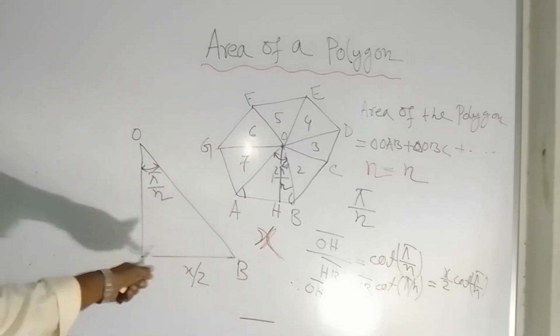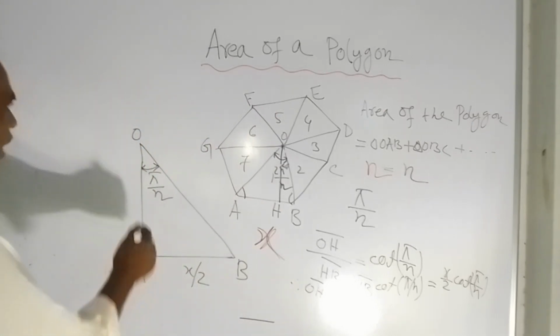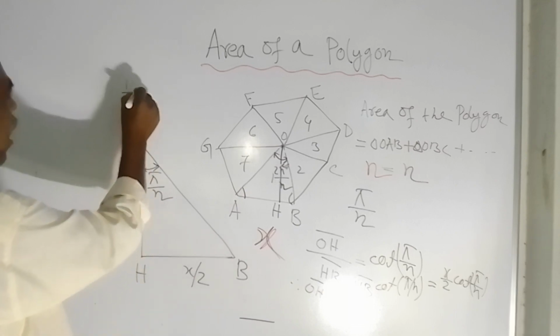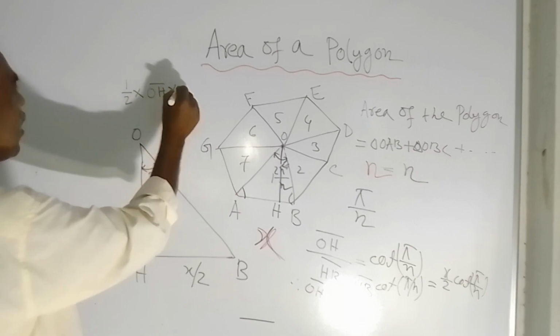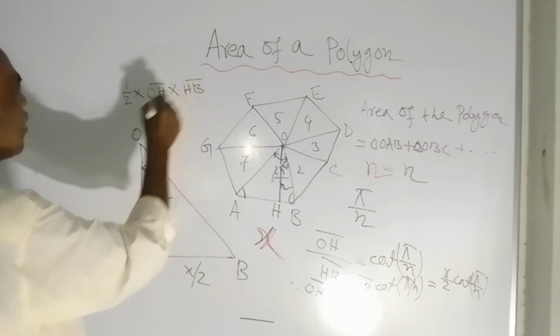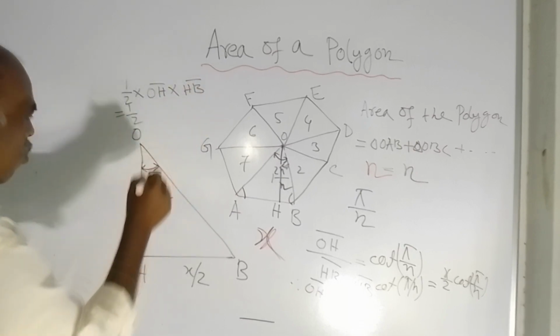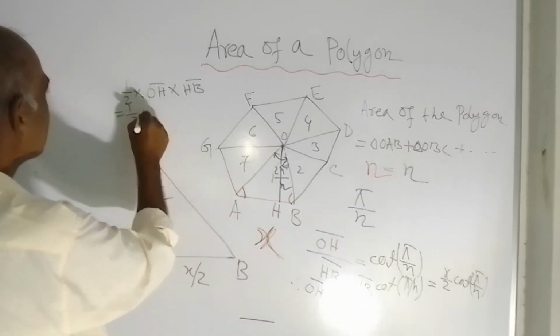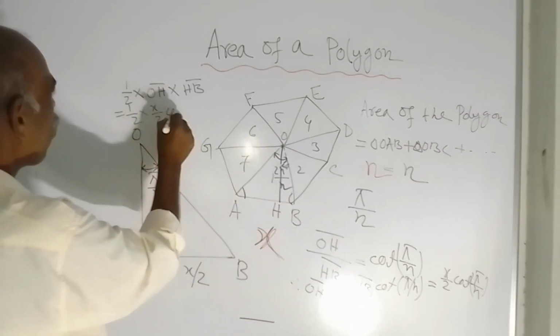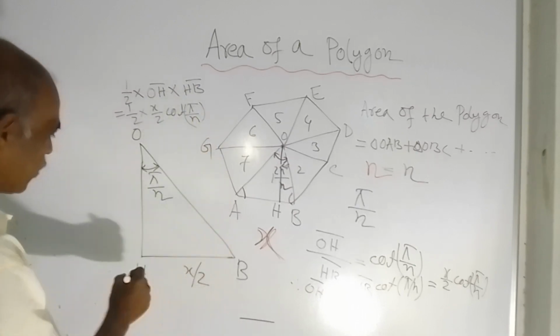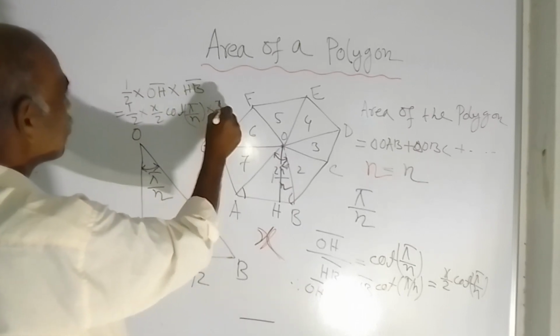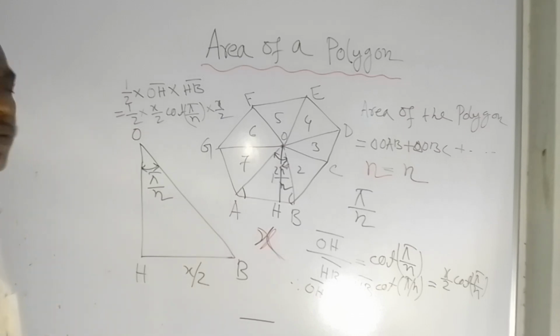Then what is the area of this triangle? That is equal to half into base into height, so half into OH into HB. This is equal to half into OH, which is x by 2 cot pi by n, and HB is again x by 2.